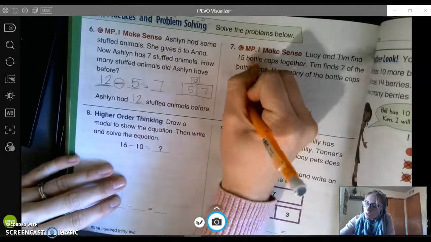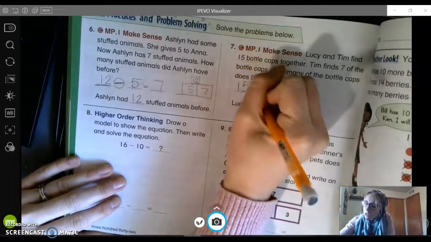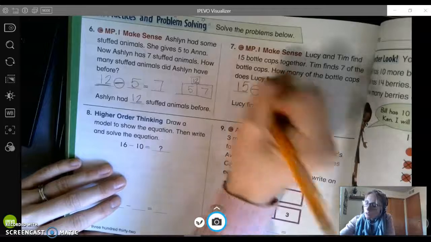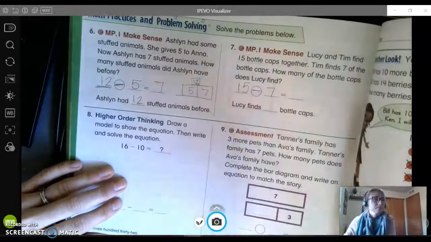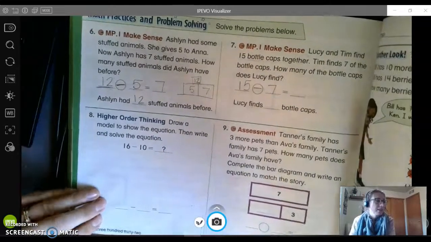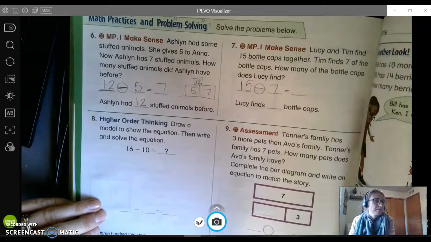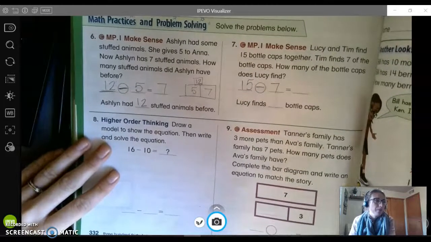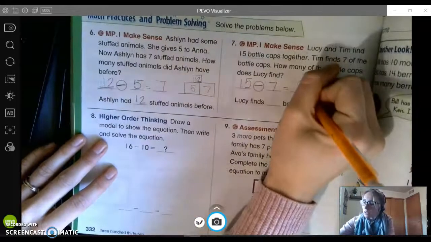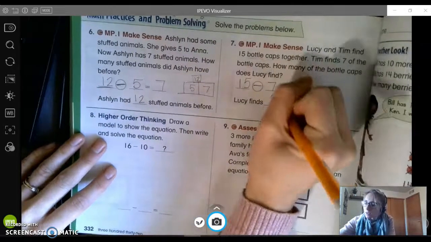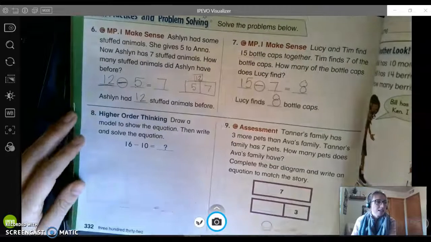So the easiest way to find the missing part is to do subtraction. So 15 minus 7 and find the answer. Use any strategy that you know how to use. So 15 minus 7 equals 8. So then my answer is 8.